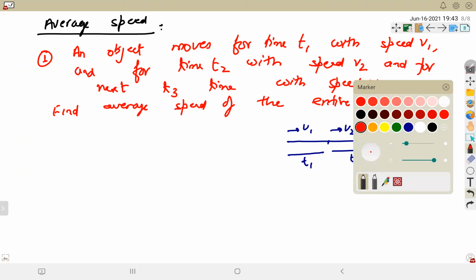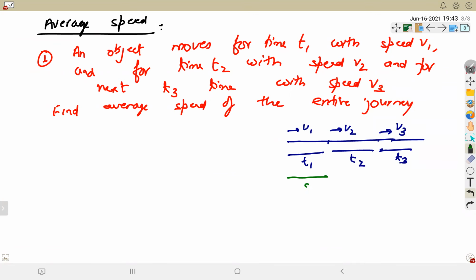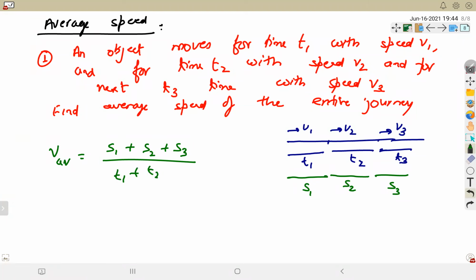So formula for average speed is total distance upon total time. We'll calculate total distance. पहले t1 में distance covered s1, next t2 में s2, and suppose last t3 में it is s3. Average speed is total distance s1 plus s2 plus s3 divided by t1 plus t2 plus t3.